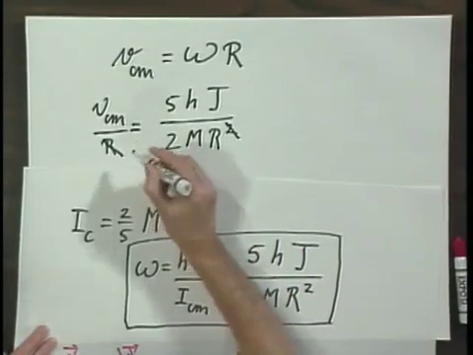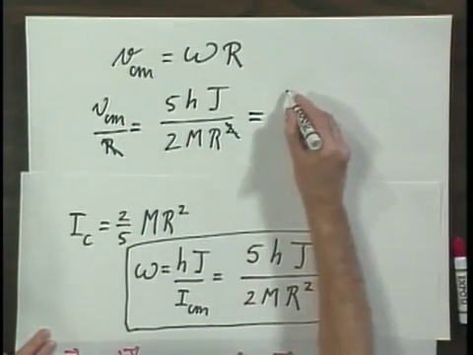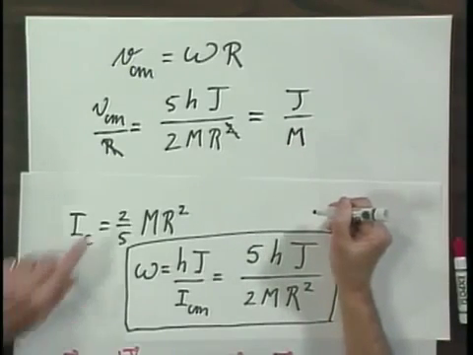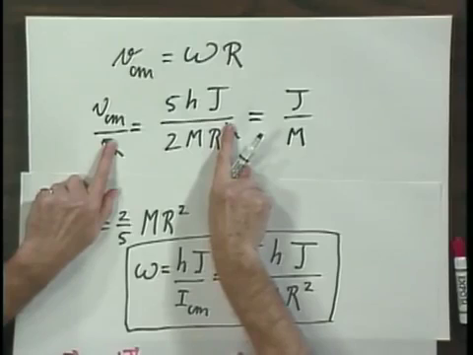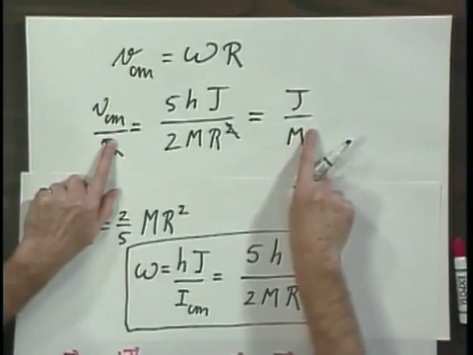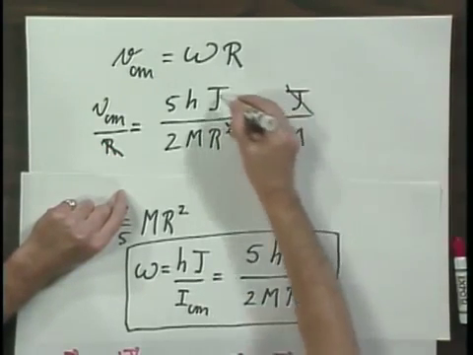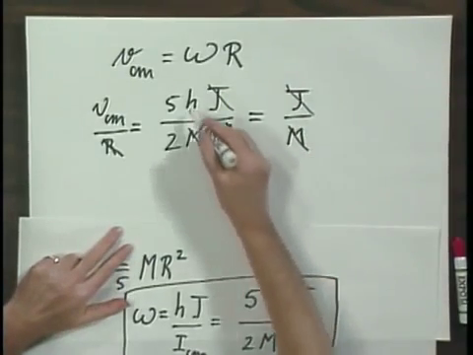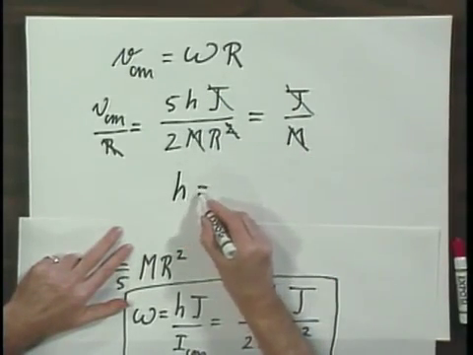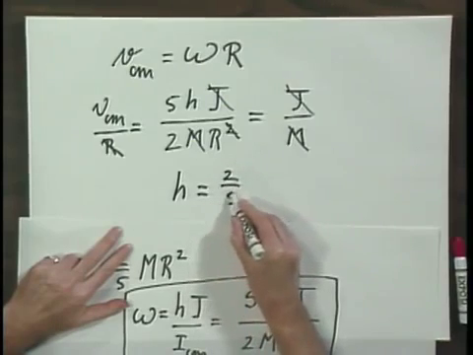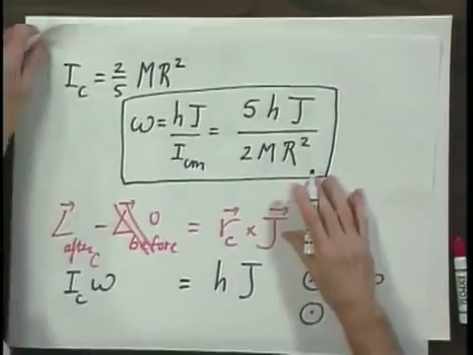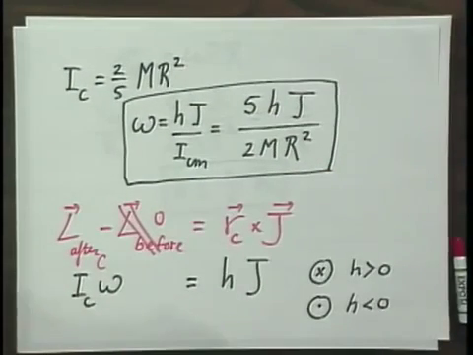I lose one r. And v center of mass was j divided by m. If these r's are gone, then this is correct. And so now I can lose the j, and I can lose the m. And so what do I find? That when h equals 2/5 r, and only then, will the ball go into pure roll.